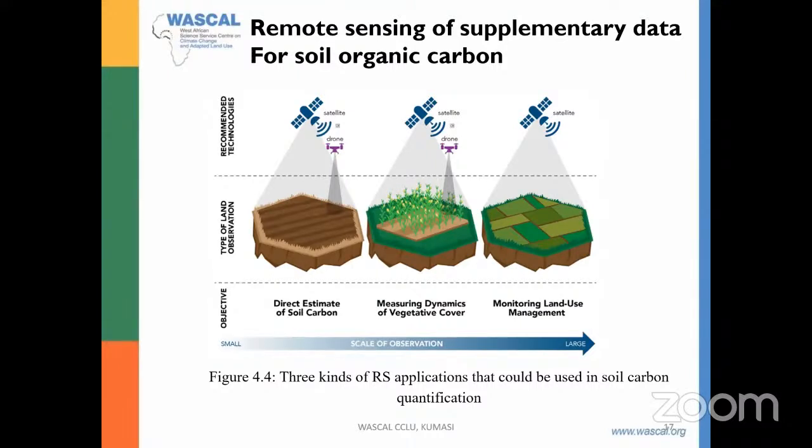So we can be sensing soil moisture and some other nutrients to help us in our direct estimation. And with the measurement of vegetation indexes, we can also leverage drones and satellite images. But when we are looking at a very large area where we are monitoring the land use changes and management practices, we use solely satellite-based images.